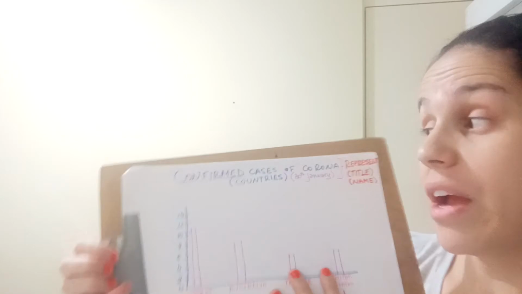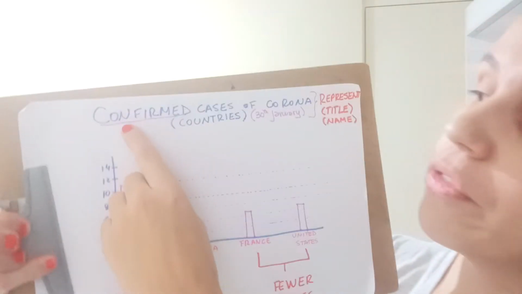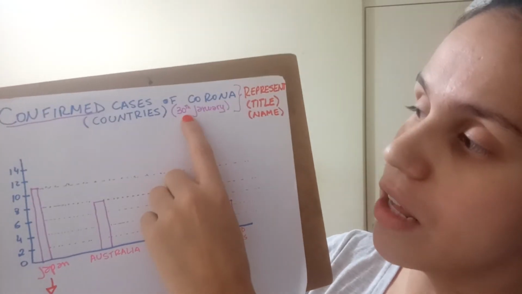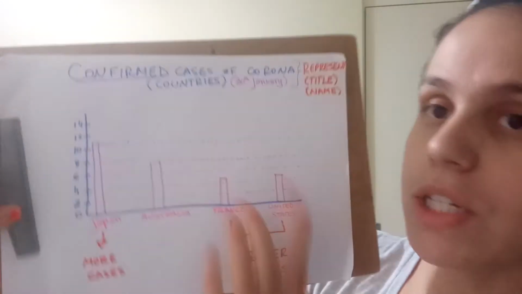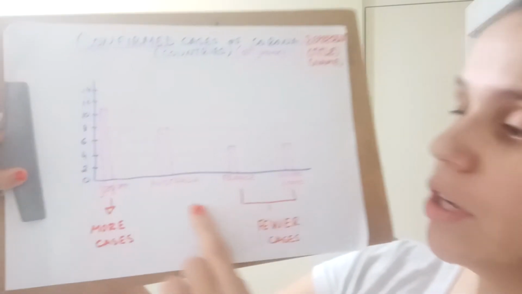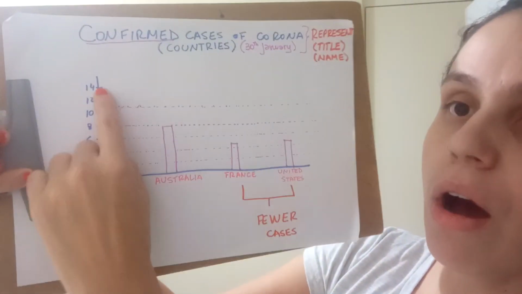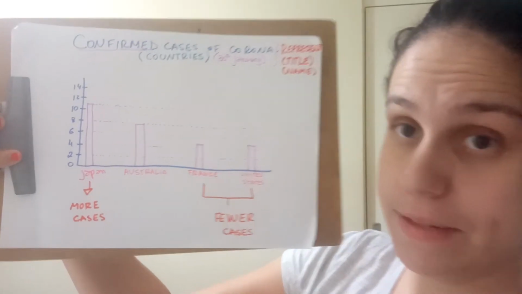For example, look here. The other graph I have. This is the coronavirus graph, the confirmed cases of corona on January 13th. The data I have here is the countries and the number of confirmed cases.